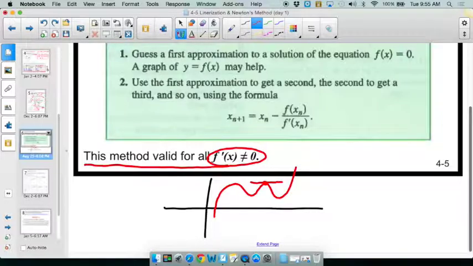So if the derivative is 0, it doesn't mean we can't use this method, it just means we have to pick another starting point. Okay? And also, the derivative being equal to 0 makes that fraction undefined. So you literally can't calculate anything. And again, that doesn't mean we throw out the method, it just means we throw out the guess and pick something else. Okay.